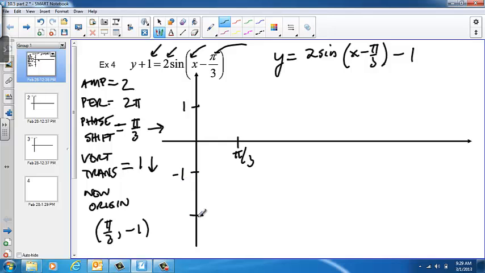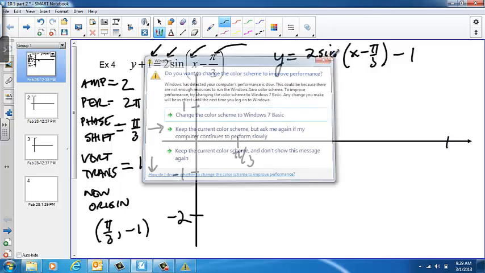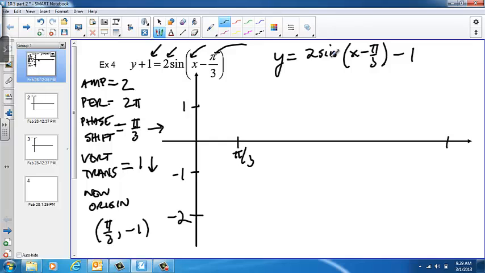I'll come down to negative 2 as well. If the period is 2π, it's going to take an interval of 2π to complete one full cycle. So add 2π to π/3, and you get 7π/3. So we're going to complete one full cycle from π/3 to 7π/3.